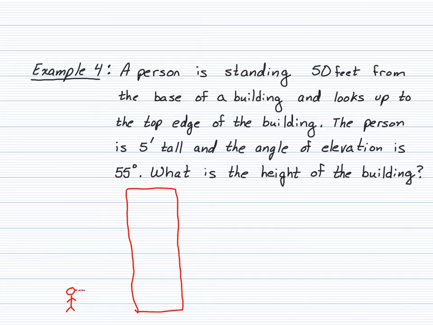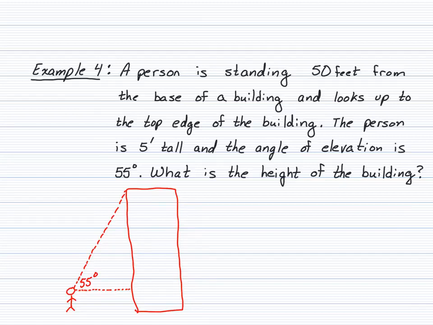Here is your horizontal from the eyes going up, and then we have the angle right here. The angle from the horizontal going up is our angle of elevation, which is 55 degrees in this particular problem.